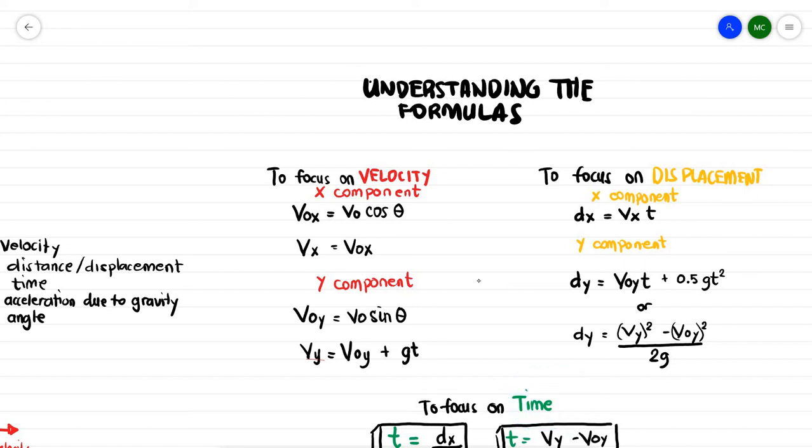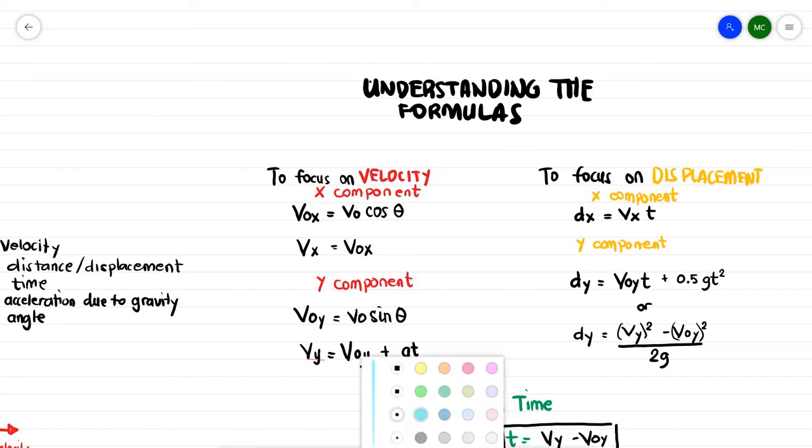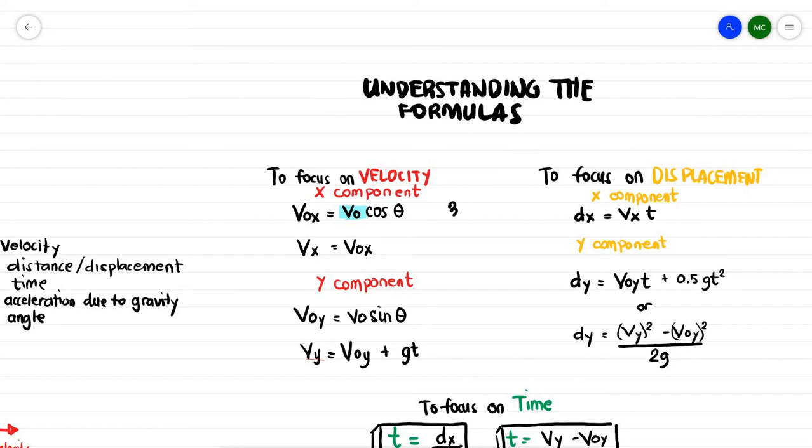Now, first and foremost, to focus on velocity or the speed of the x component, again, v sub o, I will just highlight v sub o right there. V sub o is the initial velocity given by a sample problem. Let's say, for example, a rock was hit at 20 meters per second.